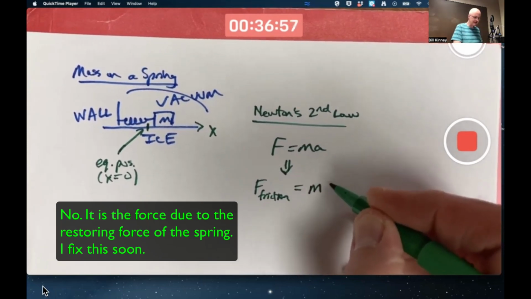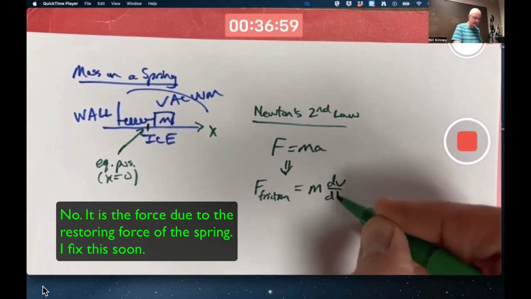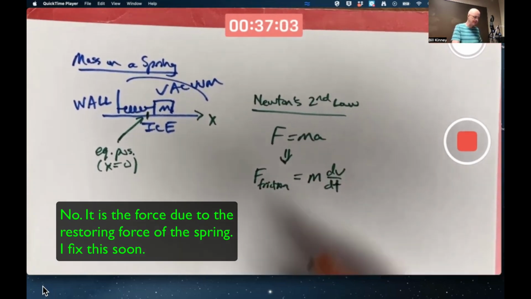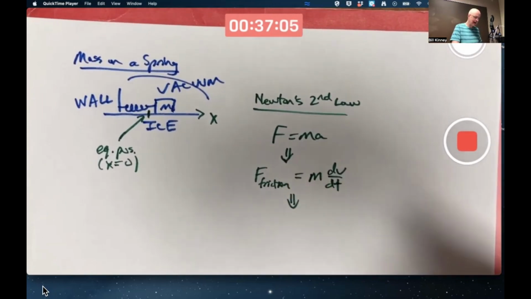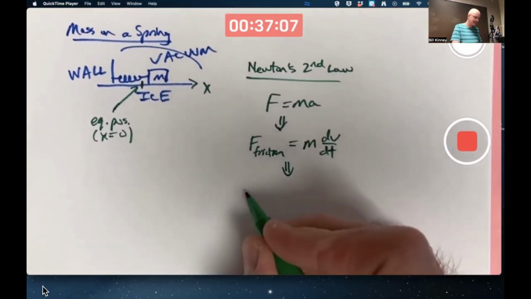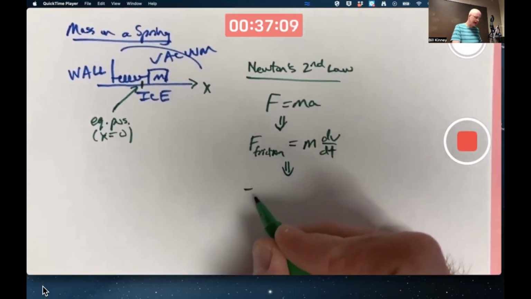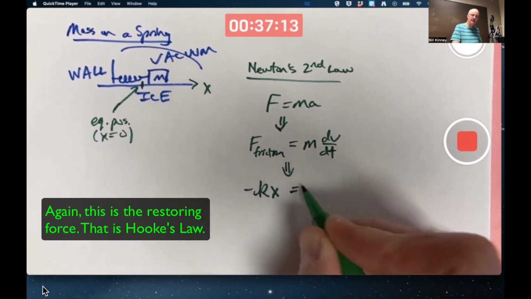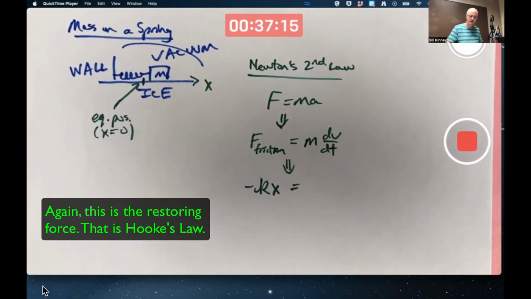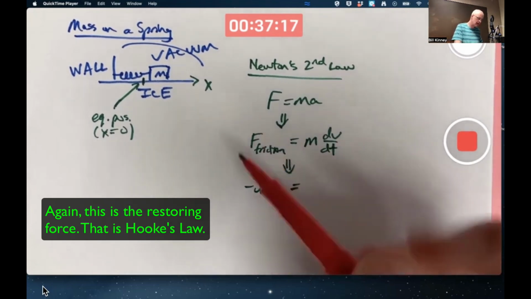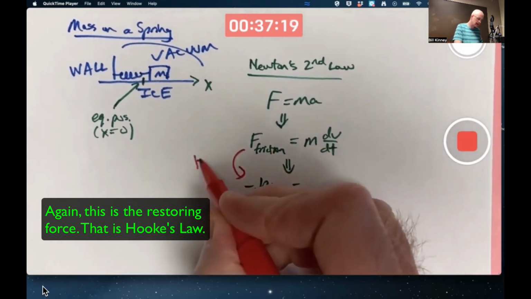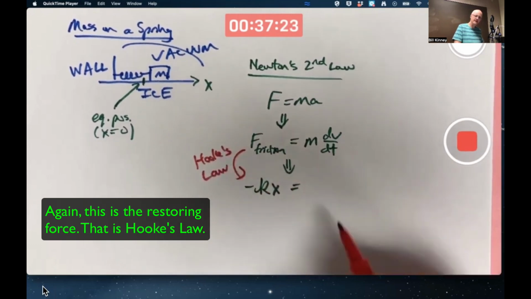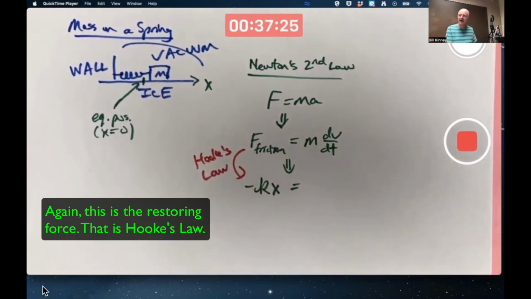The acceleration is dv dt, the derivative of v with respect to t. But I'm not going to leave it as dv dt because the friction force by Hooke's law is negative k times x for some constant k. That's Hooke's law.